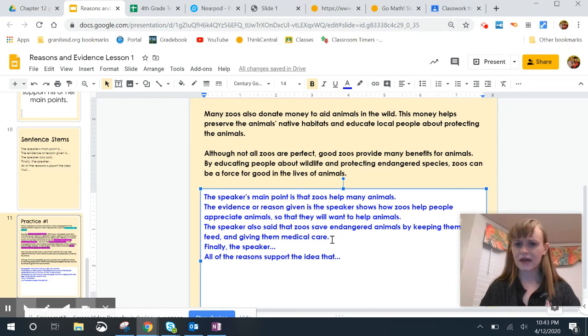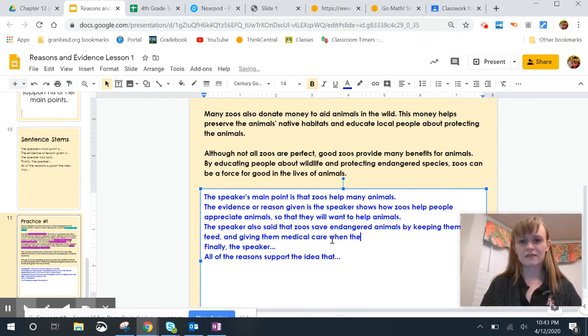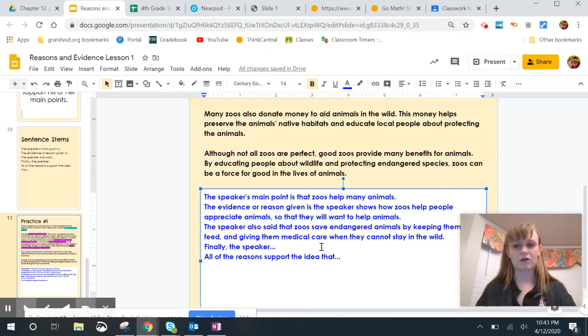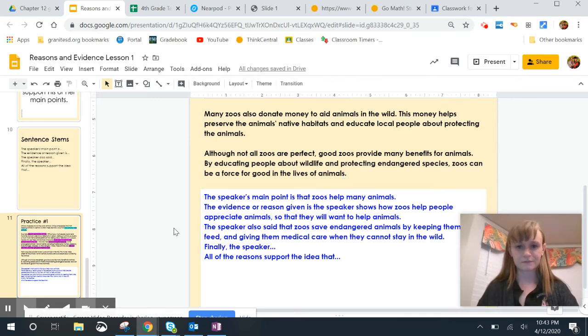Oh, and I also add when they cannot stay in the wild. So it did say in the text that the animals that they help are usually endangered, which means they can't live in their home anymore. So that's why they leave the wild, because they are endangered.